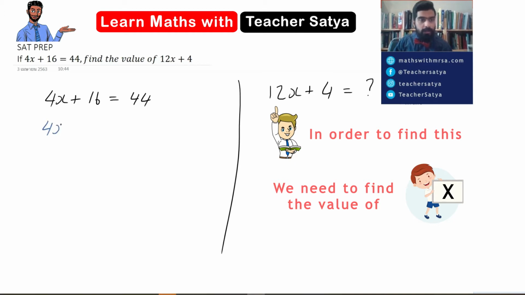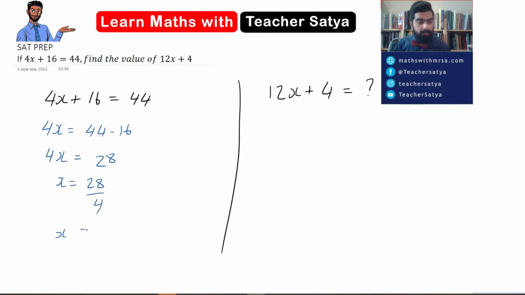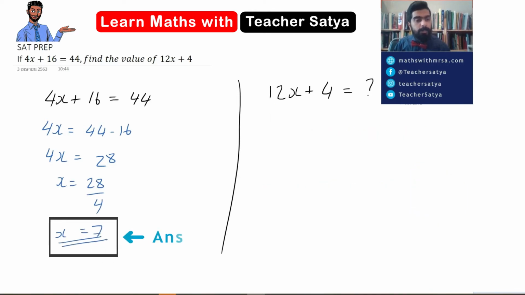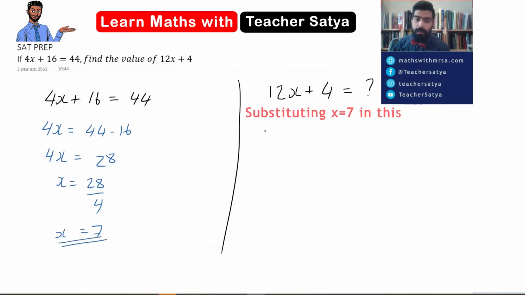So we have 4x is equal to 44 minus 16. 4x would be equal to 28. X would be equal to 28 over 4. Therefore, x is equal to 7. Now we have found the value of x. All we need to do is substitute in 12x plus 4.